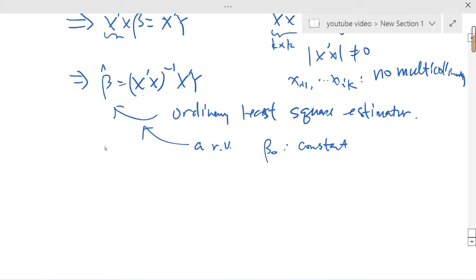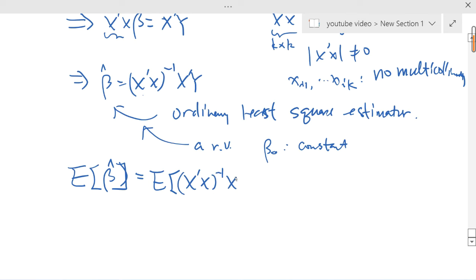Okay, to do so, let's look at the means. Let's take an expectation of beta hat. Remember, beta hat is a random vector. And we know that y is equal to x beta 0, the true value, plus epsilon.